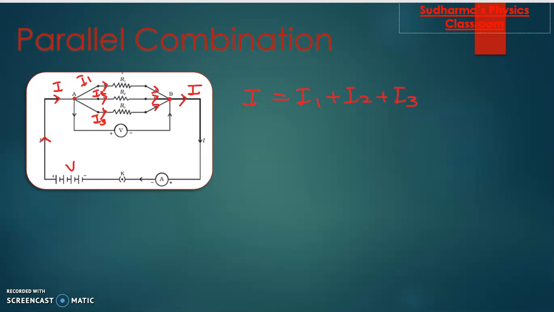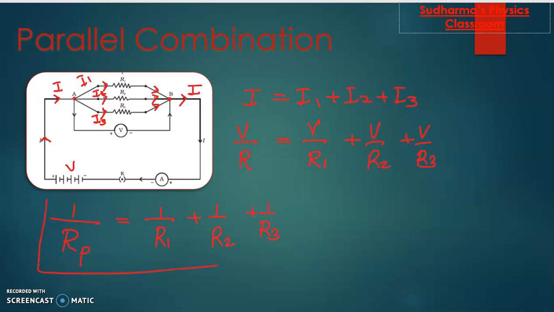According to our Ohm's law, I is equal to V divided by R, right? So V divided by R is equal to V divided by R1 plus V divided by R2 plus V divided by R3. Since it is having the same potential difference, we can cancel that V from all the sides and we can write the equation as 1 by R. Here it is parallel combination, so I am writing Rp. 1 by Rp is equal to 1 by R1 plus 1 by R2 plus 1 by R3.